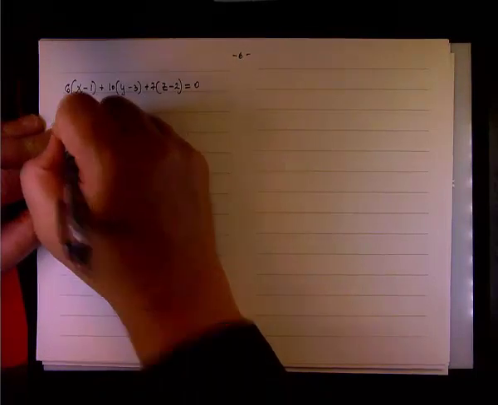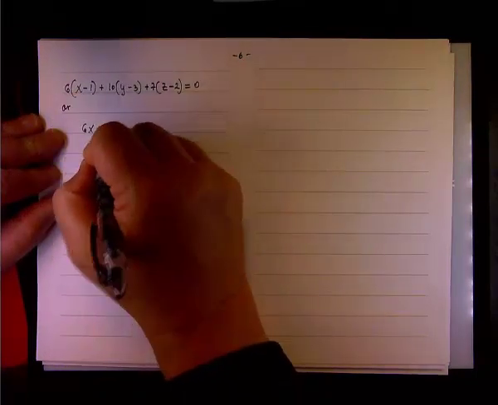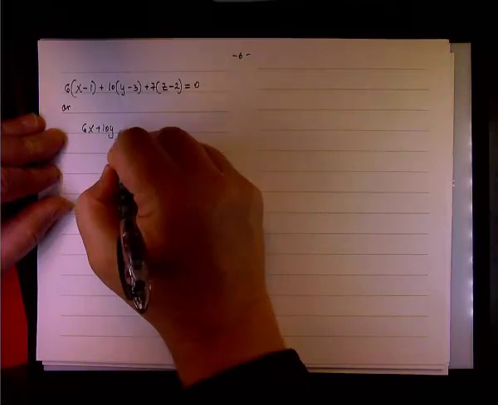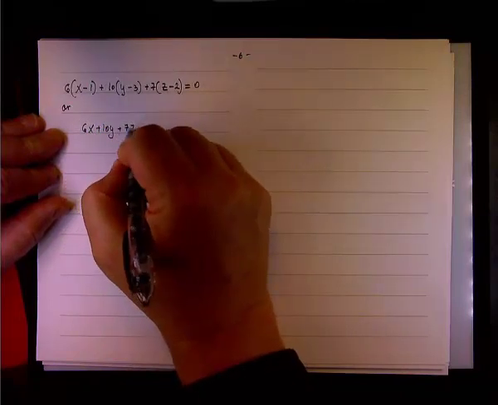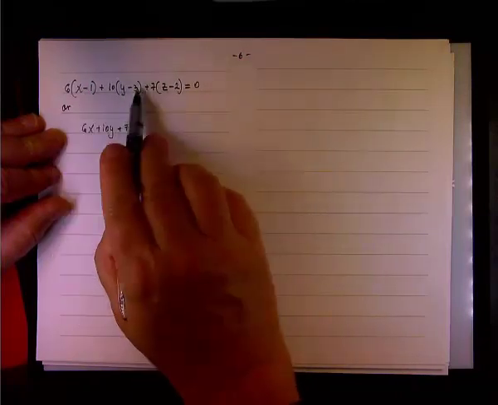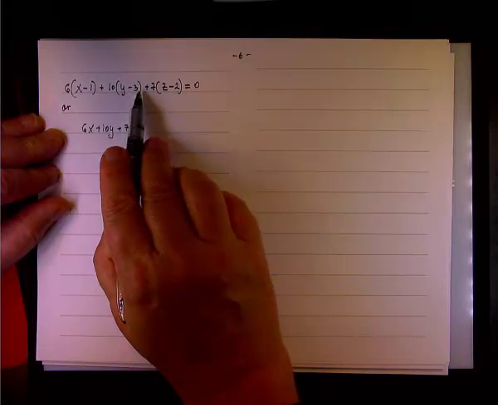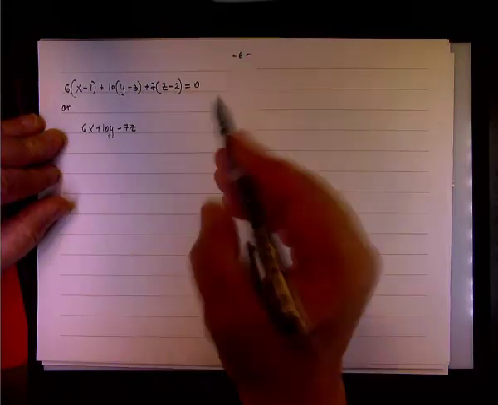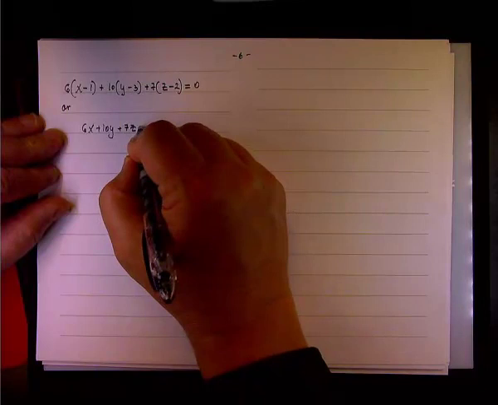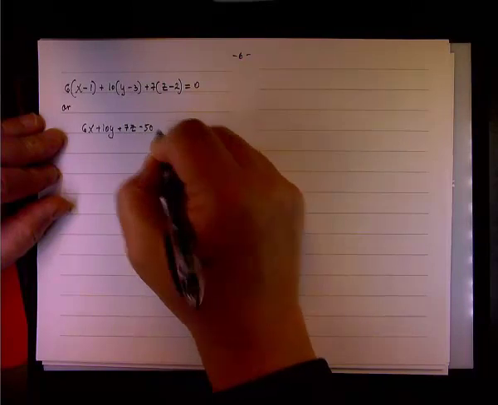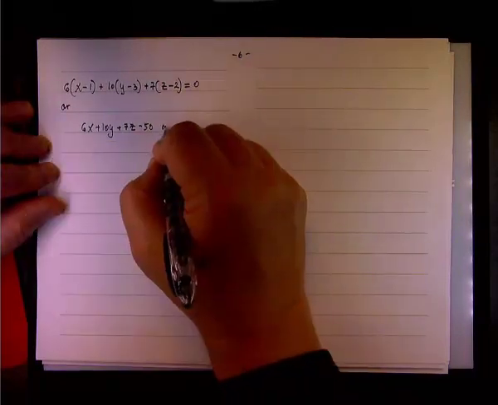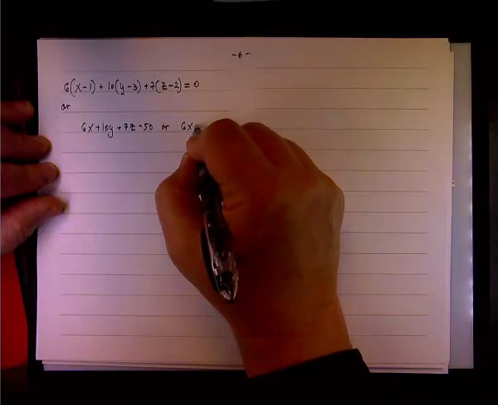So 6 times x minus 1, the second direction number will be 10, and the y value is 3, and finally the last direction number is 7, and I believe z is 2, so z sub 0 is 2.